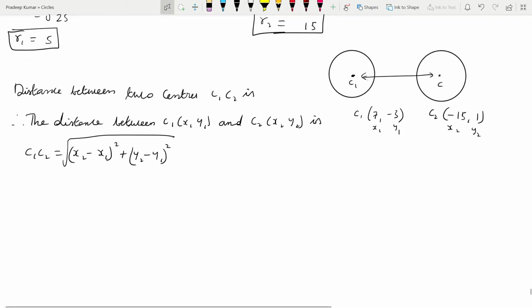So let's substitute these centers in the formula. Here x2 was minus 15 and x1 was 7, so minus 15 minus 7 whole square, plus y2 is 1 and y1 is minus 3, so this is whole square.